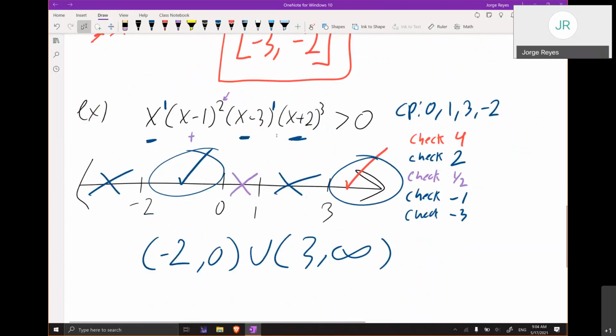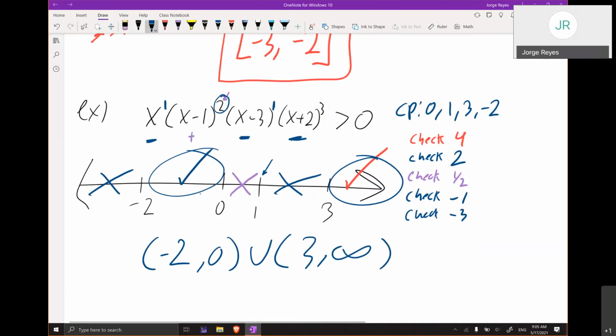So you see how at this 3, this is odd, so it switched. At this 0, it's odd, so it switched. And at the 2, this is odd, so it switched. When it's even, it stays the same.